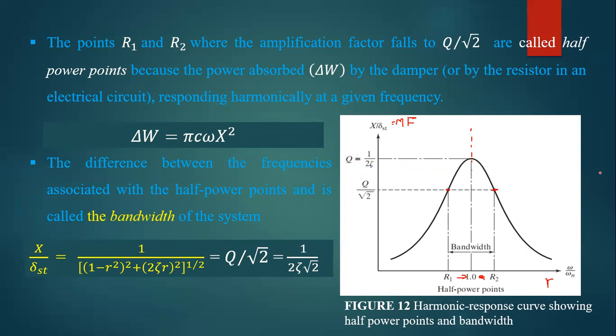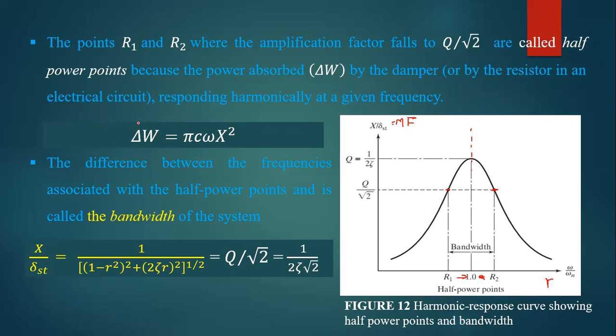Q over root 2 is called the half power point because of the power absorbed, delta W, by the damper, or by the resistor in the electrical circuit, responding harmonically at a given frequency. The work done or the power absorbed is equal to pi c omega x squared, because we derived this formula in the very early lectures.